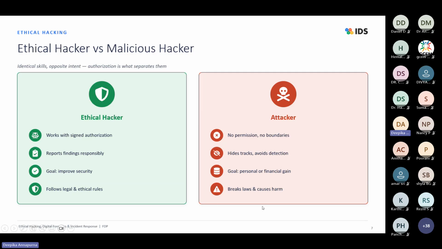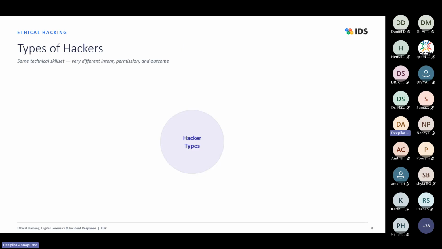The attacker will break all the laws and cause harm to the application. This is the main difference between the ethical hacker and the malicious hacker. Ethical hacking is legally done. The attacker will illegally go to your application and destroy it. This is the main difference between ethical and malicious hacking.